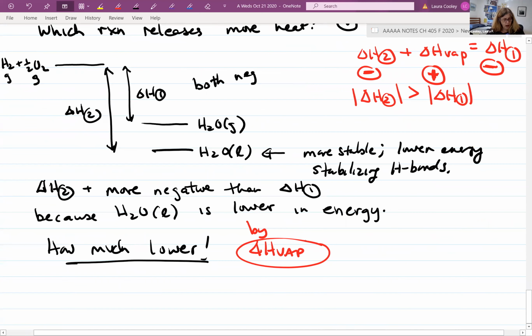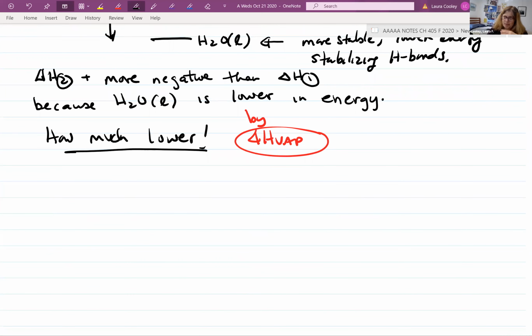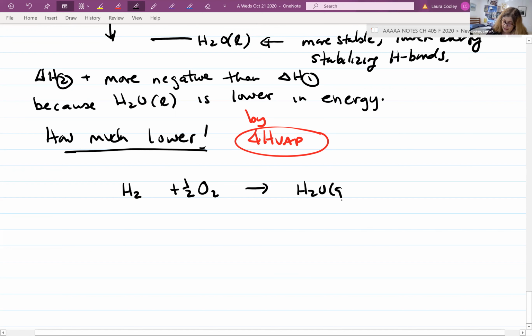So what did I just do? I just took two equations and I added them up. I basically said, H2 plus 1/2 O2 goes to H2O gas.